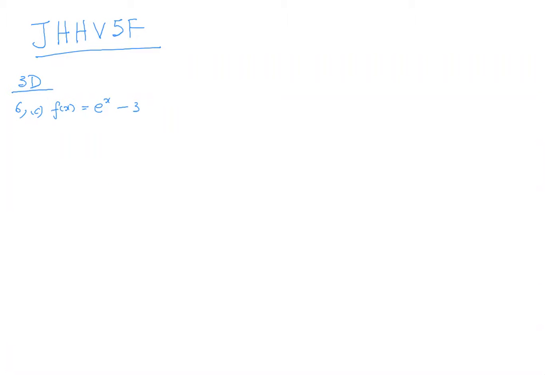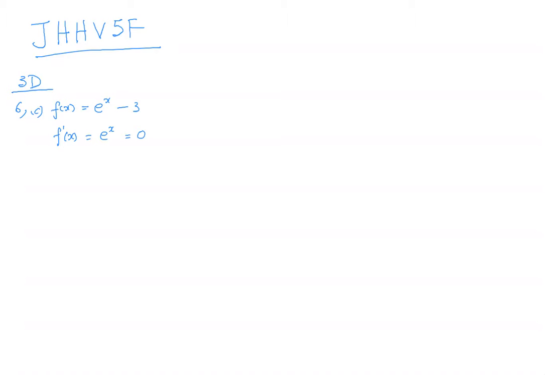Okay, so we want to find the sign diagram for f prime x and f double prime x. When you do f prime x here, you'll get e to the power x, correct? So obviously, you put it equal to 0. It's impossible, correct?